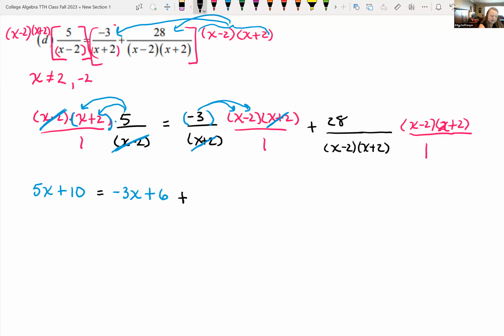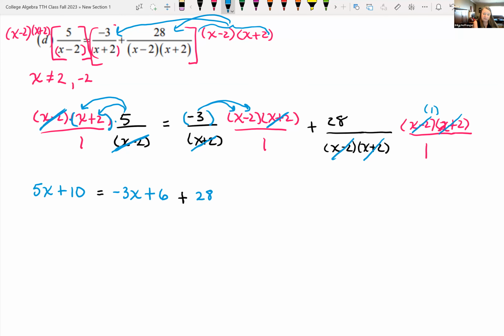Plus, so again, let's cancel like factors in the numerator denominator for the second grouping on the right-hand side. Well, x minus 2's cancel and the x plus 2 cancels. So technically we're left here with 28 times, we are left with a 1 if everything cancels. So 28 times 1 is 28.